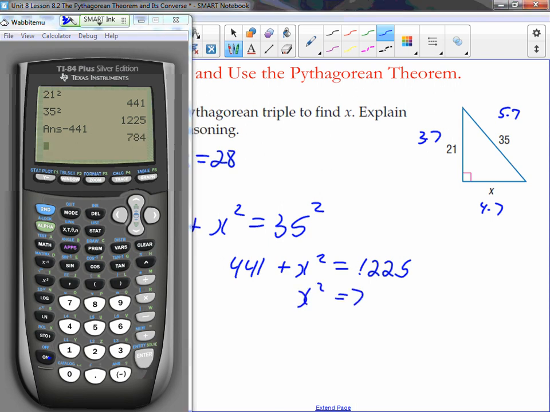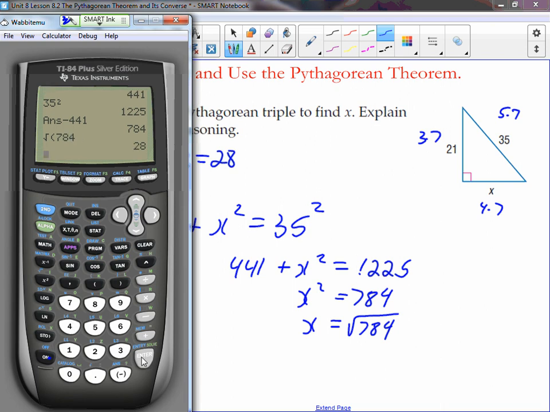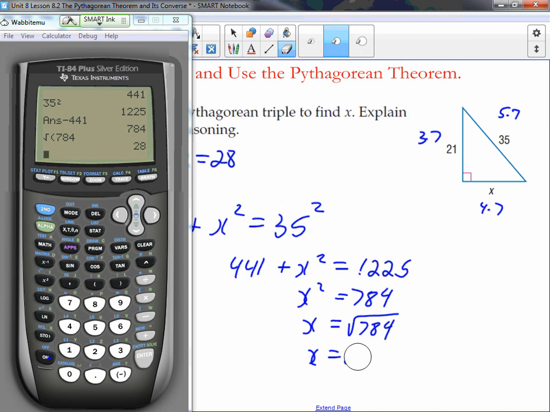So x squared equals 784. Now, if I've done this right, the square root of that is supposed to turn out to be 28, isn't it? So the square root of 784, and x equals 28. So it required a little work, but we can still figure it out.